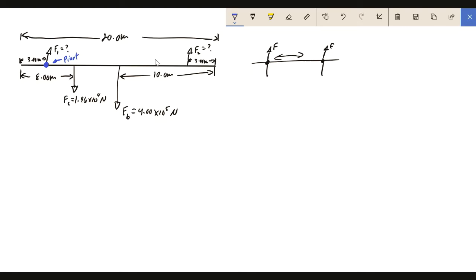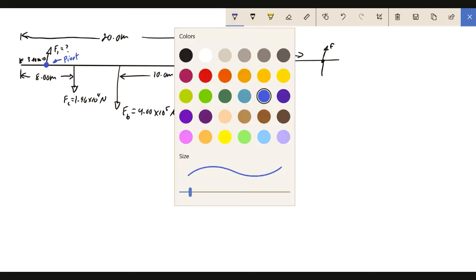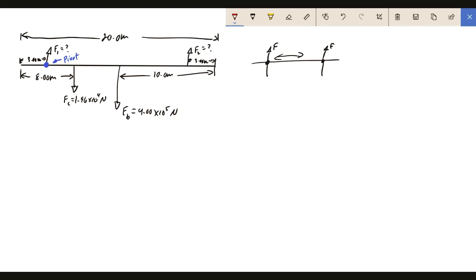Now, because I put the pivot point there, potentially what could happen, it's not going to happen, but it could, is that the forces along this side could cause this to rotate. You could see that FC and FB, if they were allowed to, would cause the whole bridge to rotate around in this direction.